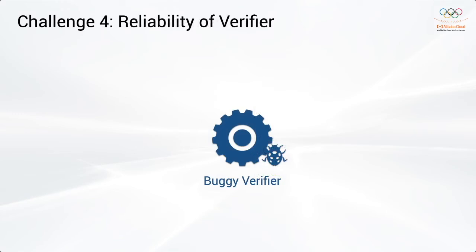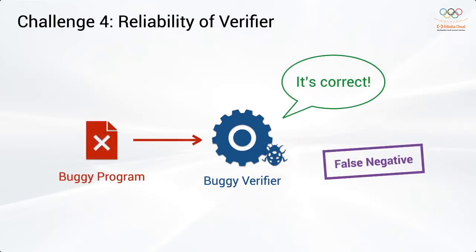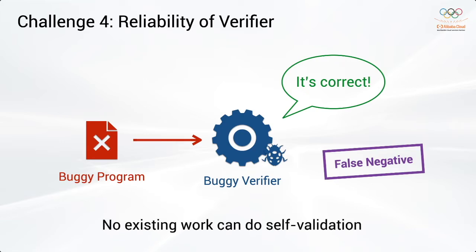The last challenge is about the reliability of the verifier itself. A verifier can also have bugs, which may mask the program's bug. This kind of bug is really hard to find, because in this case, the verifier only tells you the verification has passed, without any other information such as a counterexample and traces. So a validation mechanism is required to make the verifier more reliable.